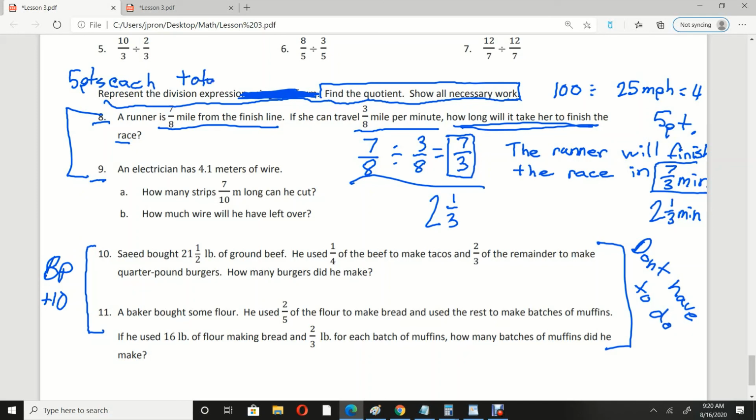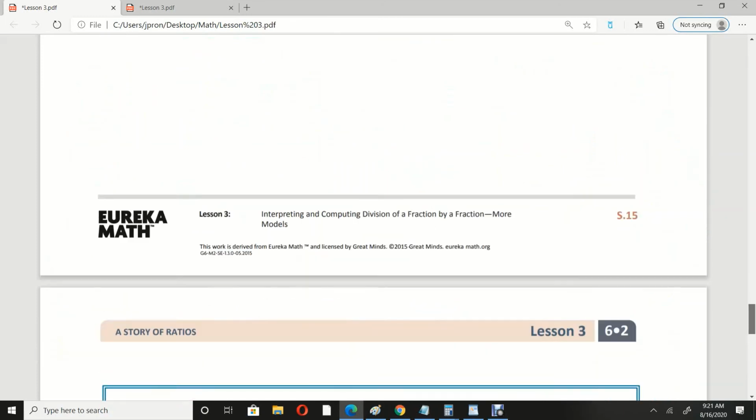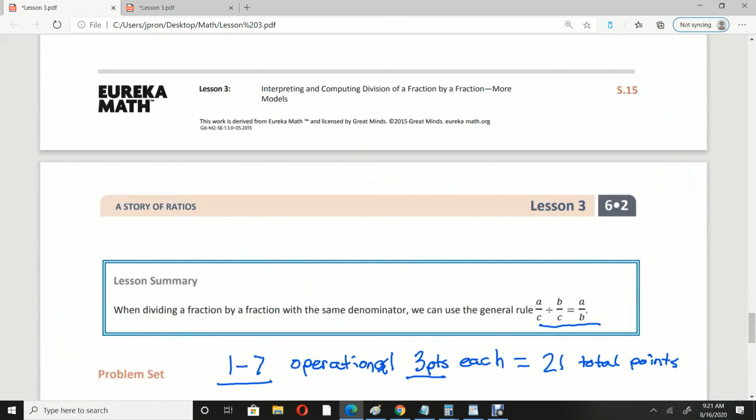Total 10 points possible with 10 bonus points potentially. So that means we have 21 up here, 21 points plus 10 possible points down below. So you can get a total of 31 points on this assignment.